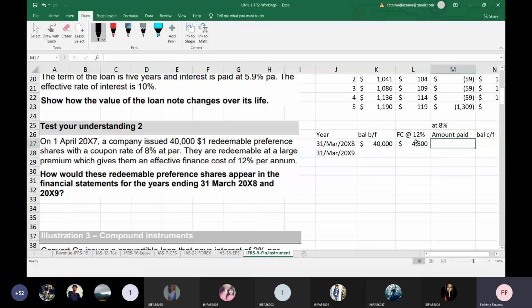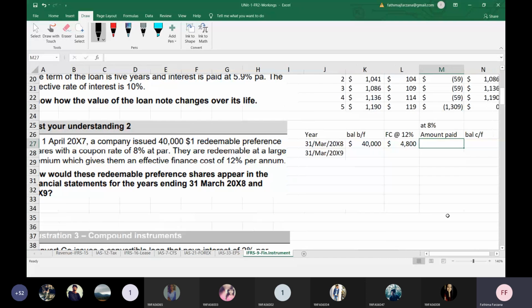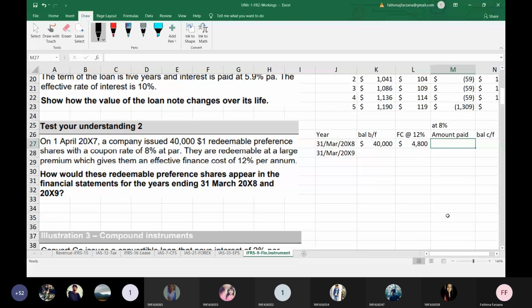Coming to the amount paid, 12% is the market rate. How much are you paying? 8% only. So it's equal to 40,000 into 8%, 3,200.